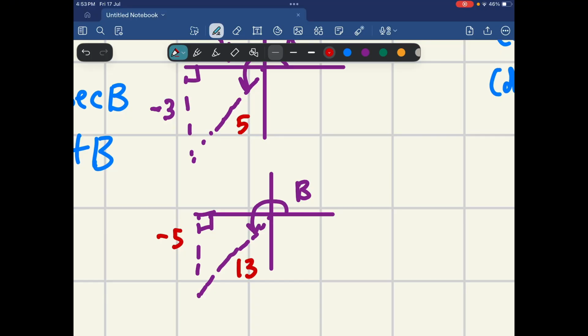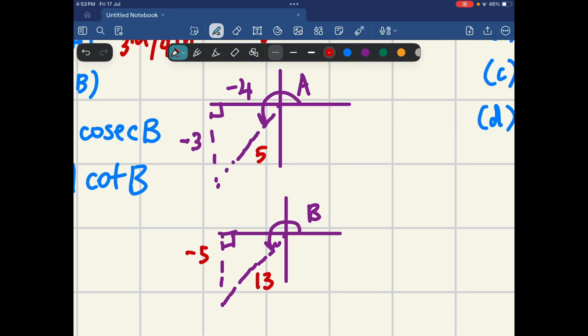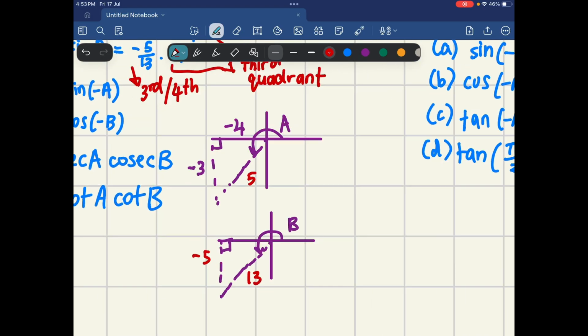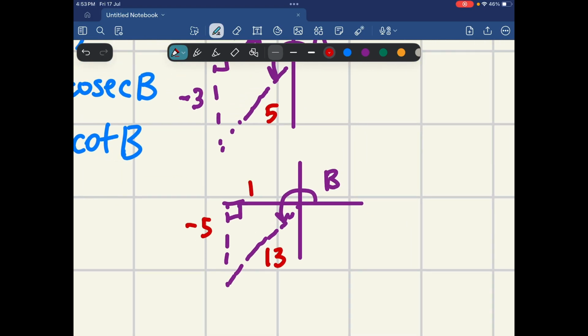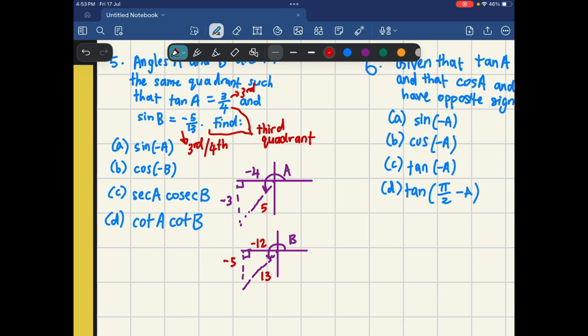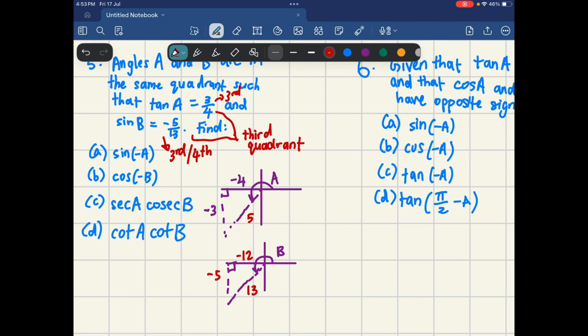Let me calculate that real quick. This will be minus 12. So now we can do these questions.